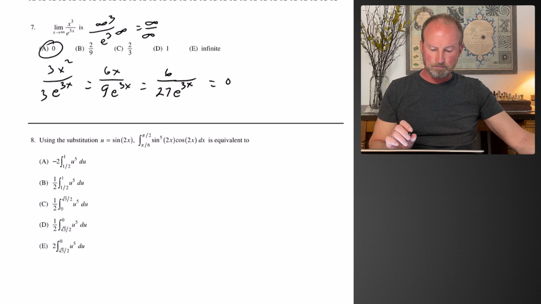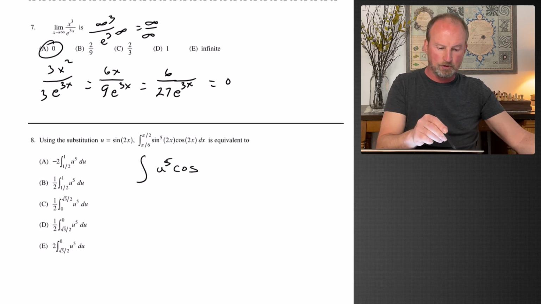Okay, question 7. Question 8, that was 7. Question 8, using the substitution given, I'm going to replace the sine 2x with u, and so this becomes u to the 5th power. Cosine of 2x dx is my... whoops, didn't want to write that.